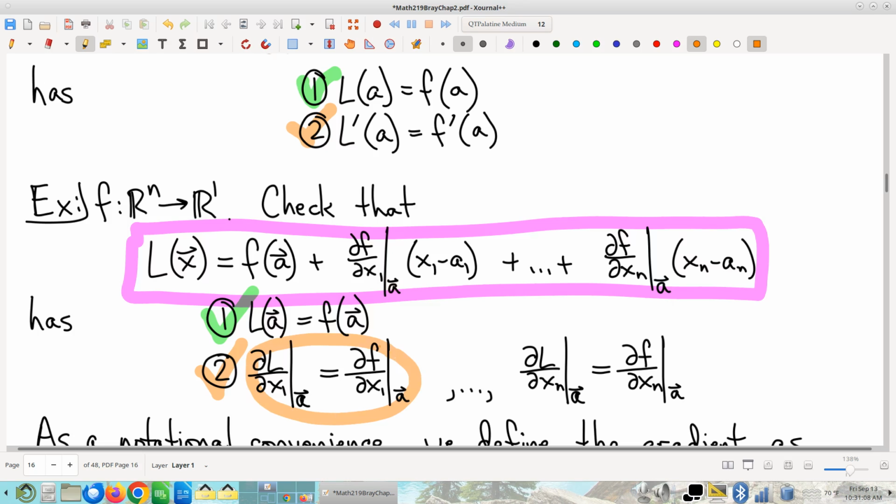So my claim is that all of these partial derivatives, first partials, we'll talk about higher partials later, L agrees with F on all of these first partials as well. So totally analogous to what we did in the single variable case.